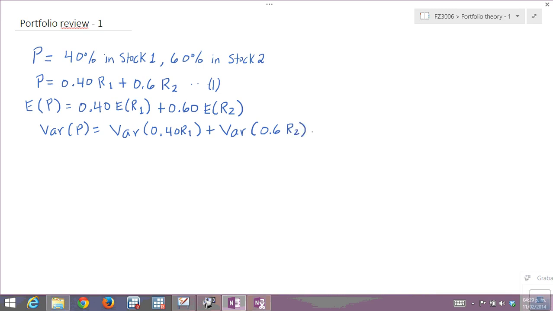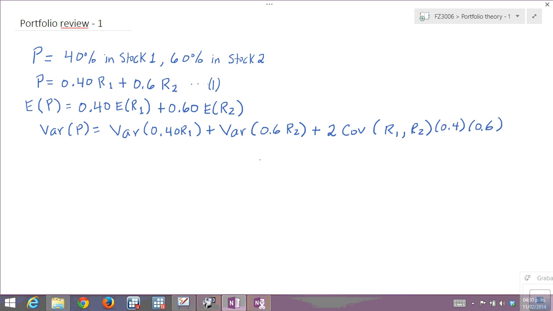In this case, there is something interesting here. When I'm working with a linear combination, probability theory says that if I apply the variance to that linear combination, it's going to be equal to the sum of the variances, and also plus 2 times the covariance between both random variables, multiplied by 0.4 multiplied by 0.6.